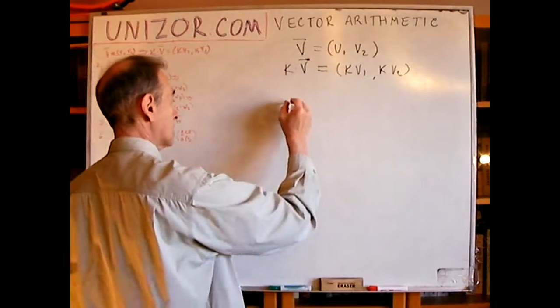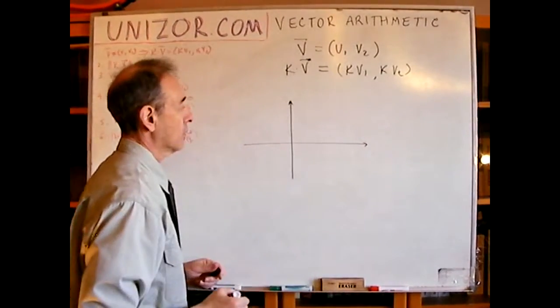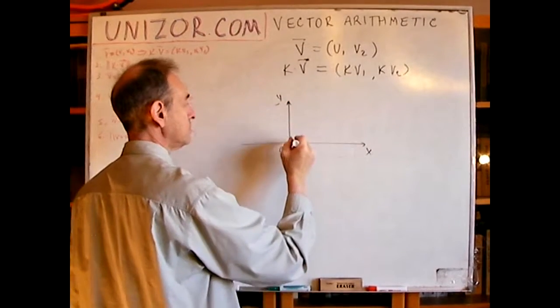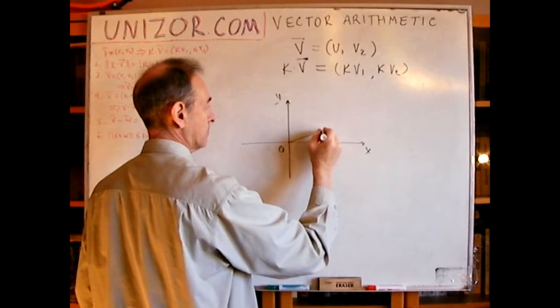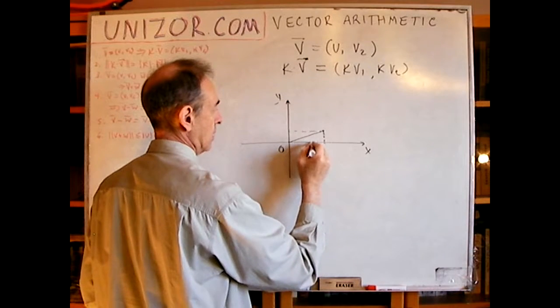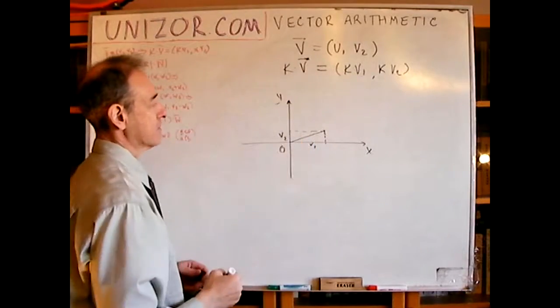Now, let's consider this as a geometric problem. Okay, this is my coordinate system. And this is my vector. So these are v1 and v2, the coordinates of this vector.